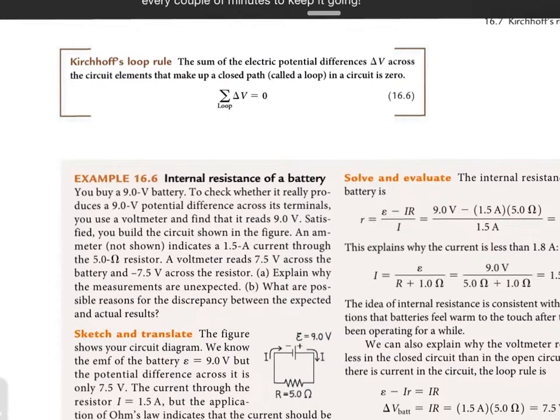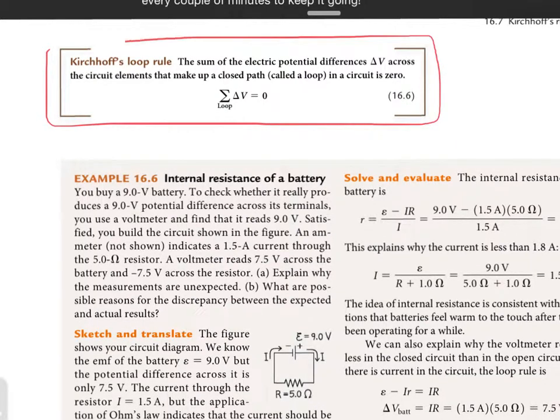Okay, and here's what that looks like mathematically, or in writing. The sum of the electric potential differences, that is delta V, the change in the voltage, across the circuit elements that make up a closed path, so any loop in a circuit, is 0. So if you add up all the voltage changes across resistors and batteries, they should add up to 0 for any closed loop.